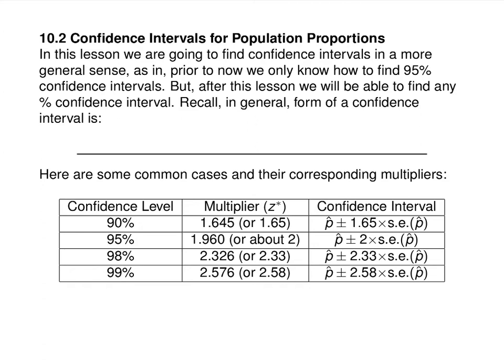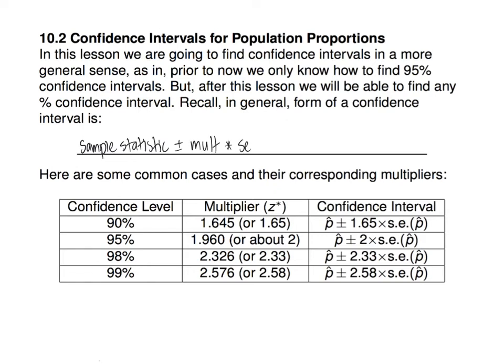Recall, in general, the form of a confidence interval is your sample statistic plus or minus some multiplier times your standard error of your sample statistic. In this case, our sample statistic will be p hat plus or minus some multiplier times the standard error of p hat.